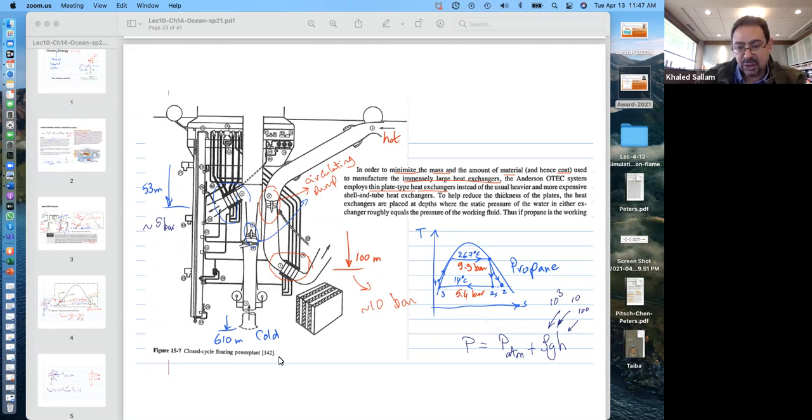Of course, this is just a conceptual thing because those OTEC units are going to be huge, and it takes a lot of investment, and you need to make sure that it will survive long enough so that you can make your money back. And to survive in such a harsh environment, what harsh environment?